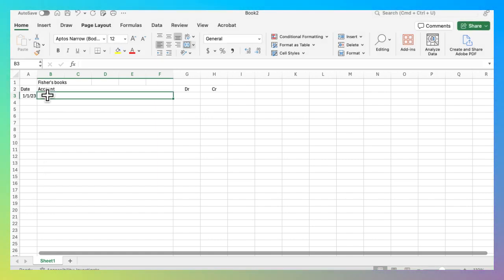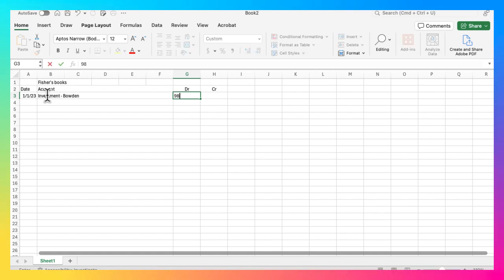The journal entry for that is very simple. We're going to hit the investment account, specifically noting Bowdoin, and we're going to debit that account for $982,000.